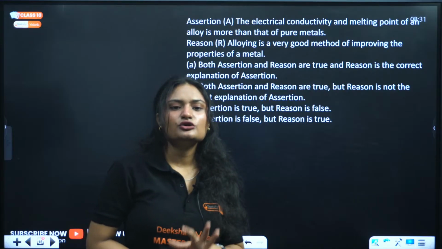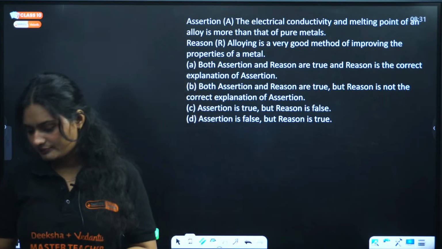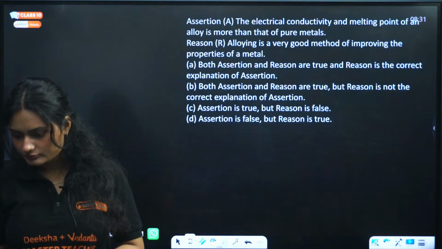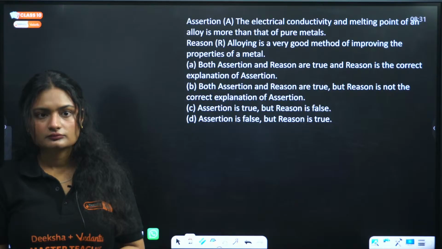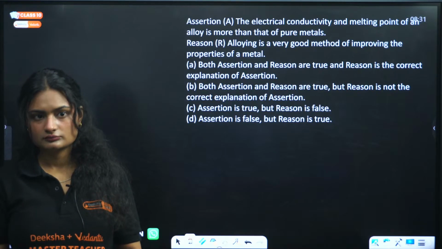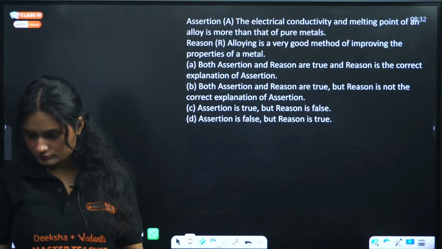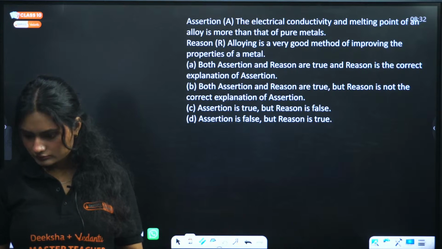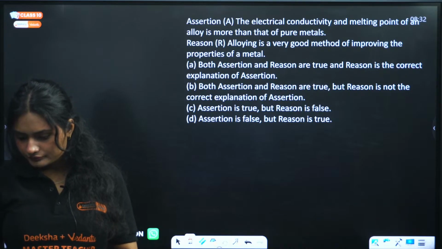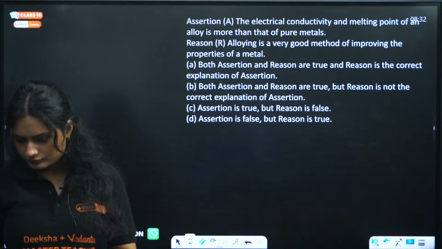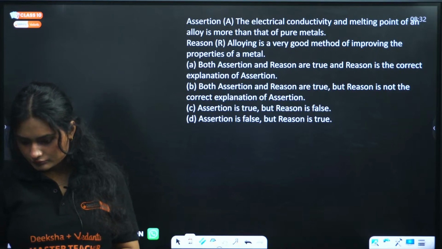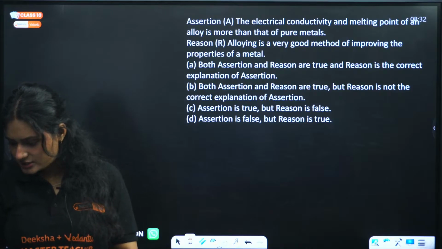Reason being, alloying is a very good method for improving the properties of metal. Yeah, tell me the answer.